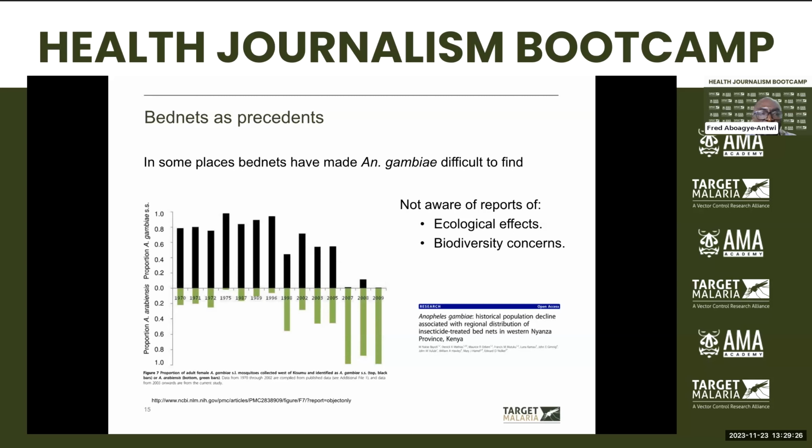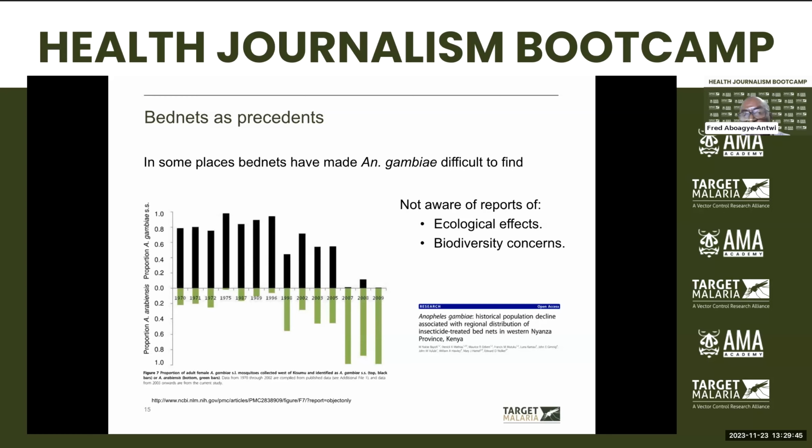Here in this slide, we are showing some data on the numbers of the malaria mosquito Anopheles gambiae over the years in response to the use of bed nets. You will see that in the latter years, 2007, 2008, 2009, their numbers significantly drop.